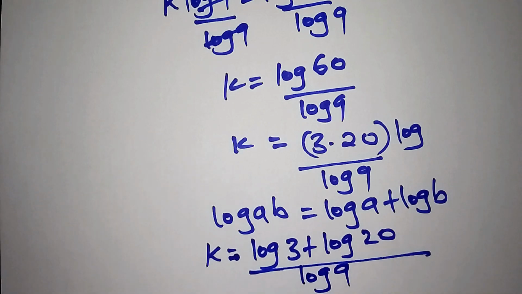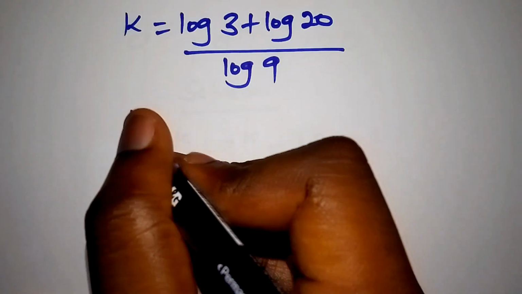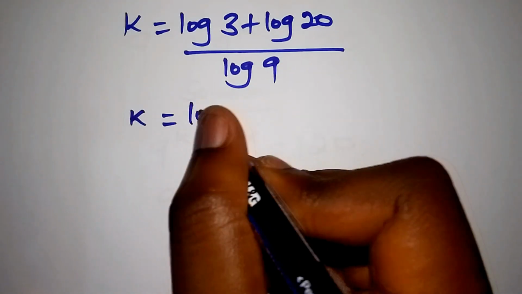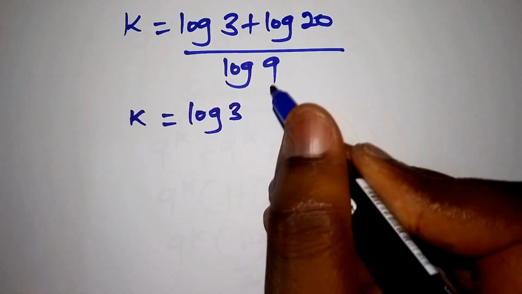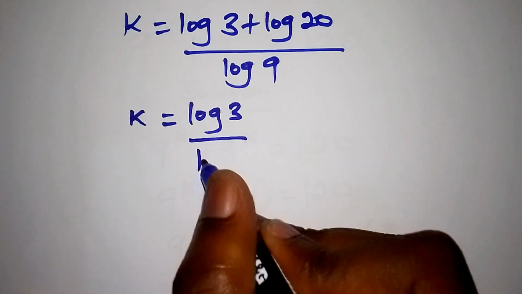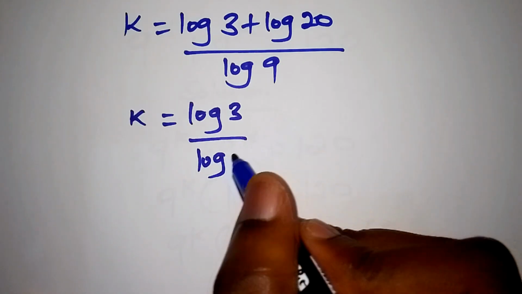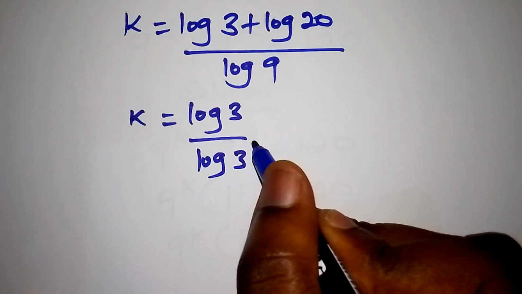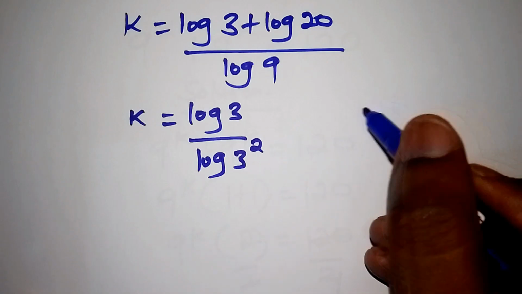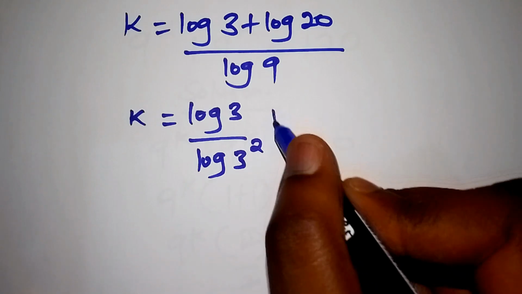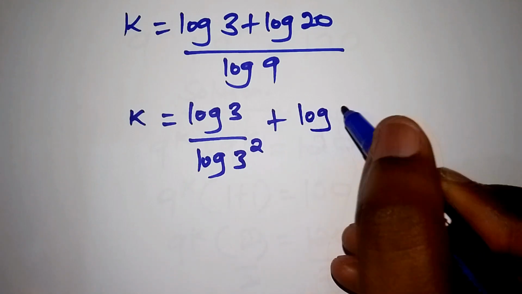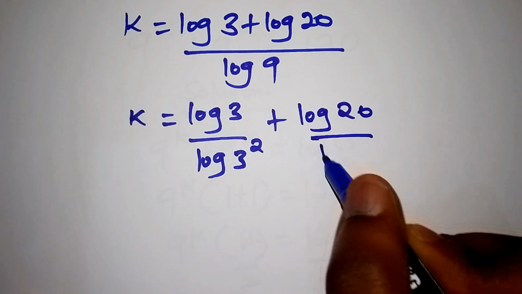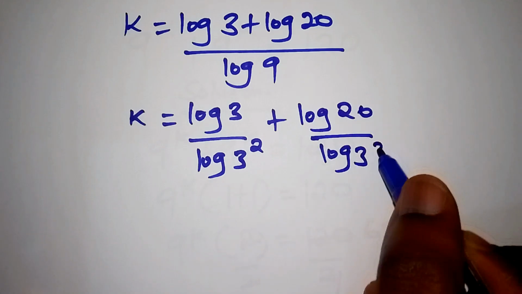Next, k is equal to the log of 3, and we also divide by the log of 9. The log of 9 can also be written as the log of 3 to the power of 2, because 3 by 3 is 9. Then plus the log of 20 all over the log of 3 to the power of 2.